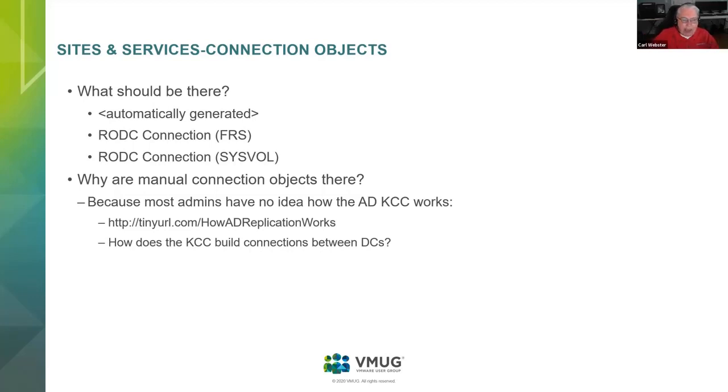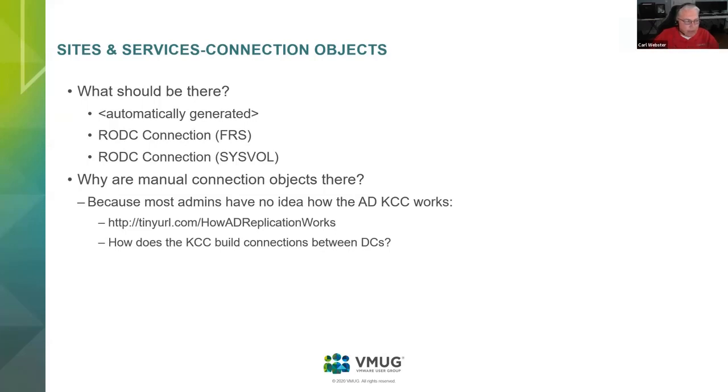So the way the KCC works is that the KCC is actually a DLL on every domain controller, and every domain controller is independent. When you boot up a domain controller and get to where you can do the interactive logon, press Control-Alt-Delete to log on, at that point a 5-minute countdown starts.